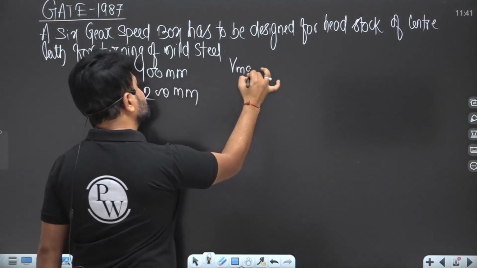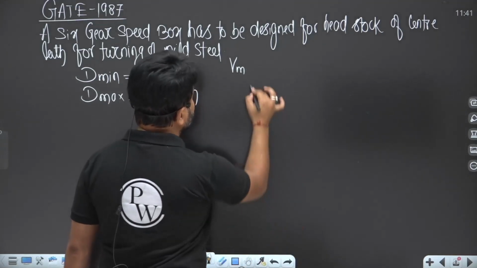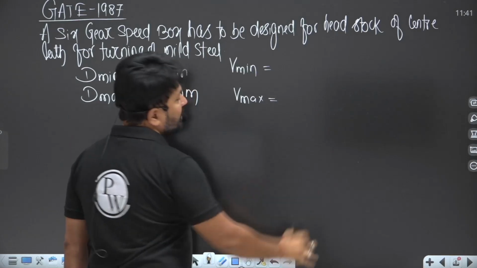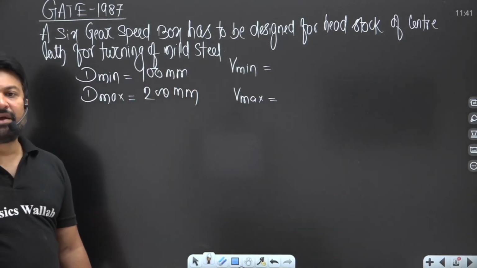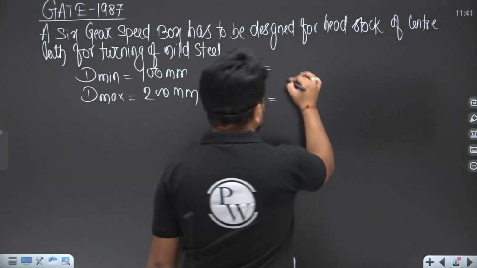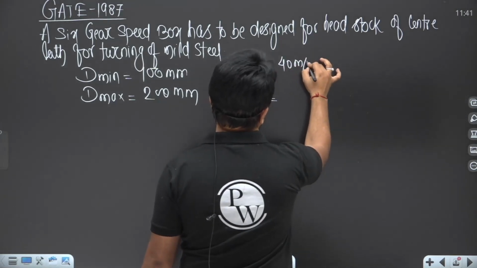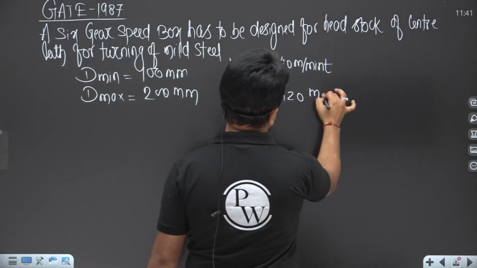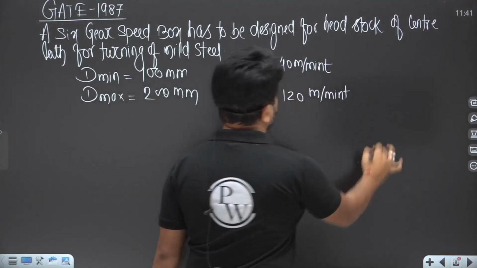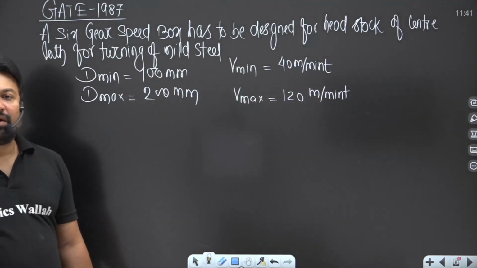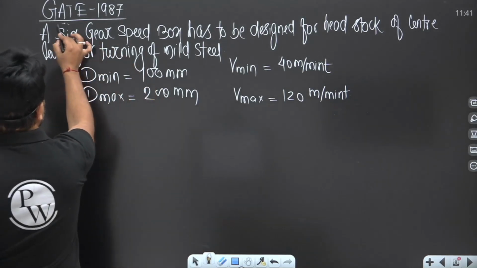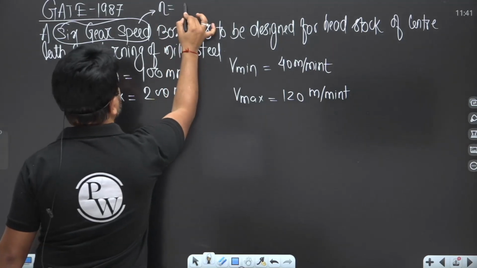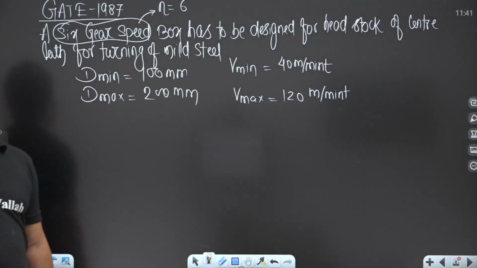Vmin and Vmax are given: Vmin is 40 meter per minute and Vmax is 120 meter per minute. This is given to us. For a 6 speed, small n is given to us, that is 6.